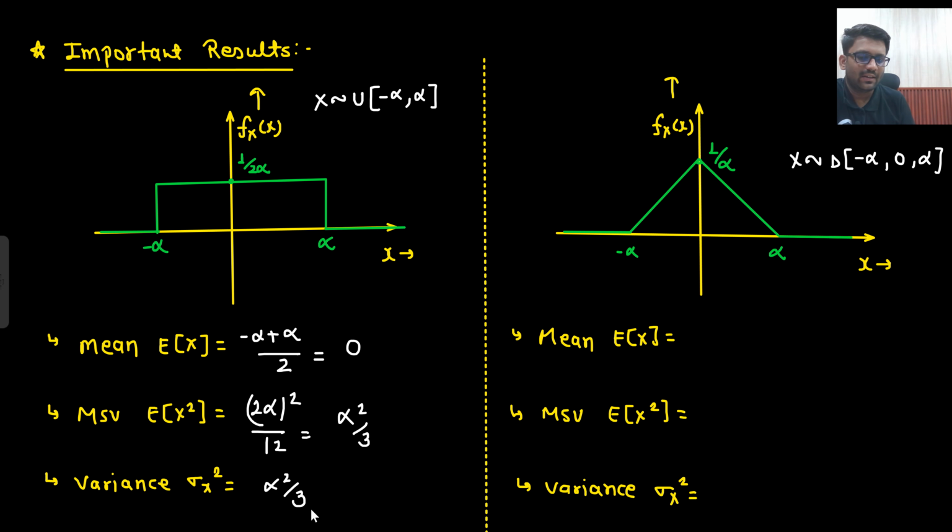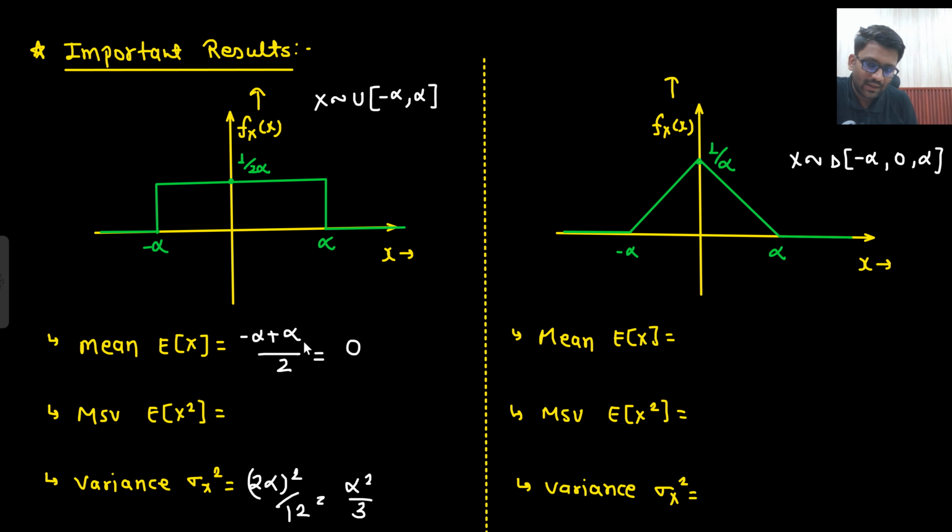Actually, we remember the formula for variance. Formula for variance is width whole square divided by 12. So answer will be alpha square by 3. Now here, since your mean is 0, your mean square value and variance would be the same. So alpha square by 3, alpha square by 3.